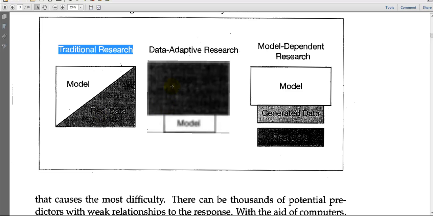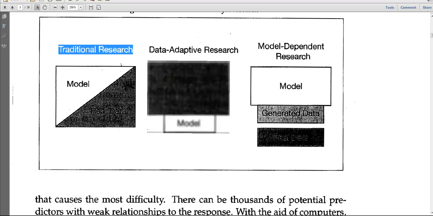And the data adaptive approach is when you don't specify the model beforehand. You don't try and figure out how things are related. You don't do what Newton and Einstein did, where they tried to figure out how the physical world works and then they test it based on data.